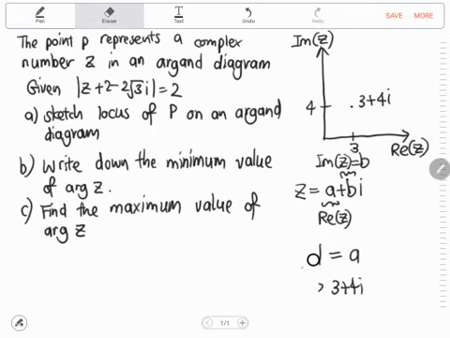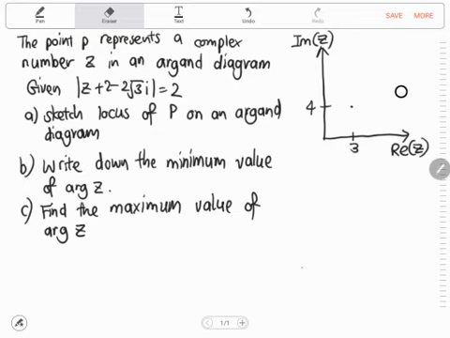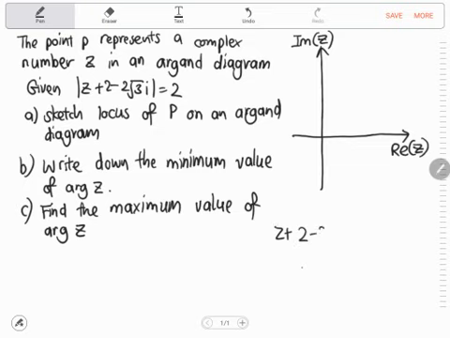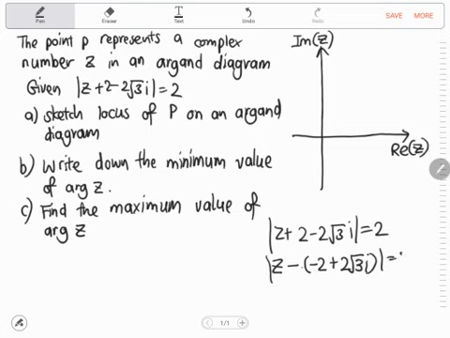So here, since we have all these ideas in mind, this can be rewritten as Z minus, it's important that this is a minus, then minus 2 plus 2 root 3i, equals 2.